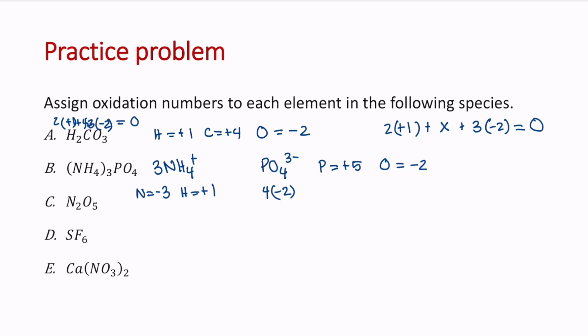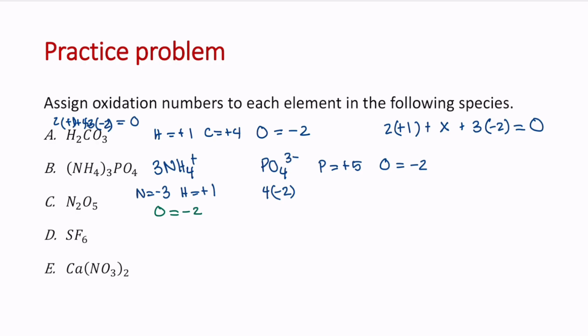In this next example, I'm going to use a different color so we can differentiate. Oxygen is -2, and I have 5 of those, so that's going to be -10.